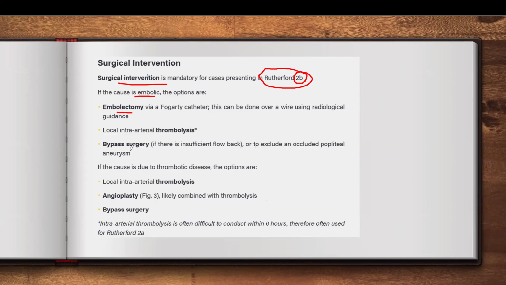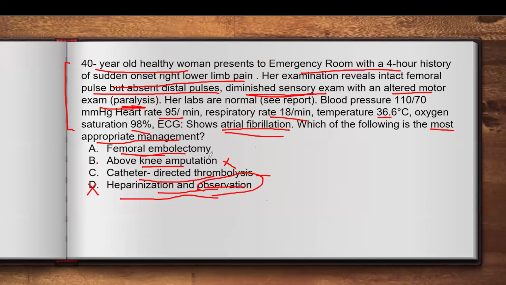If embolectomy is not possible, then we can do thrombolysis, or we can do the bypass surgery. If there is a thrombotic cause, then we can do intra-arterial or catheter-directed thrombolysis, or angioplasty or bypass surgery. So in our case, it is embolus, so femoral embolectomy is the best answer here. Clear, guys?